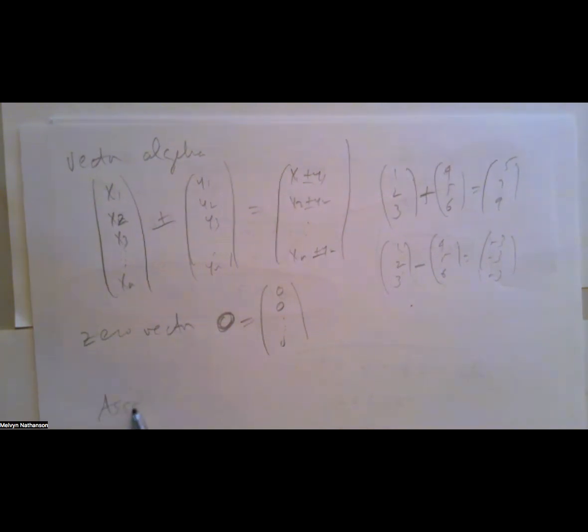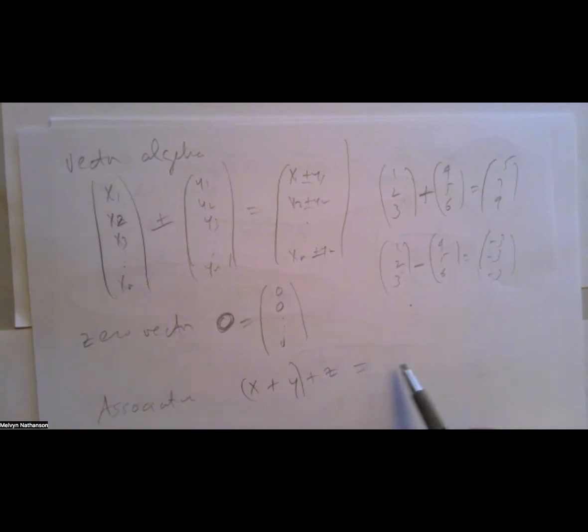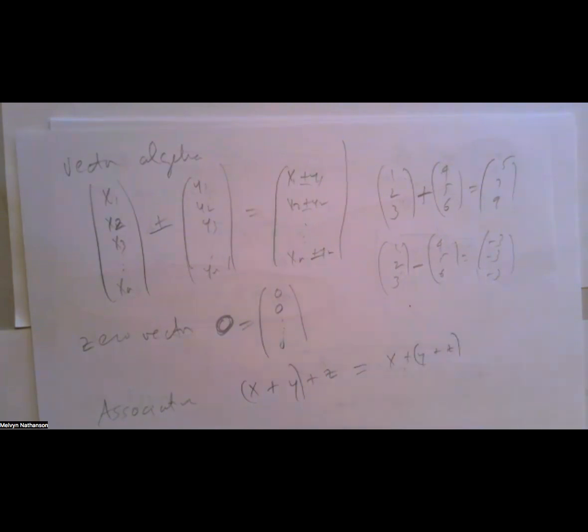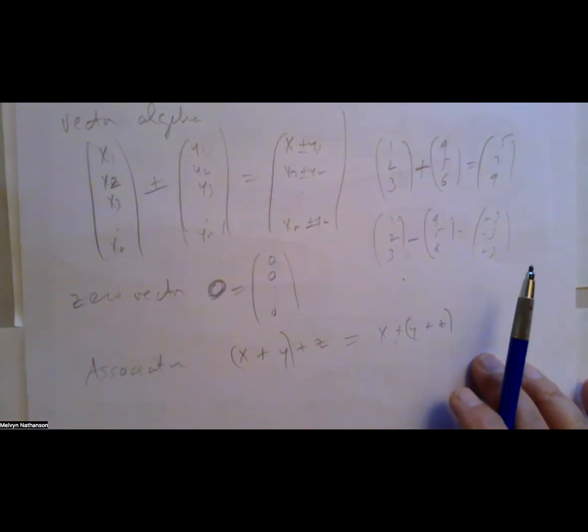It's associative. That means if you take vectors x, y, and z, if you add x plus y, you get a vector, and you add that to z, you get another vector. But that's exactly the same as if you took y and z and added them and then added x to that. So this is called the associative law for addition of vectors.